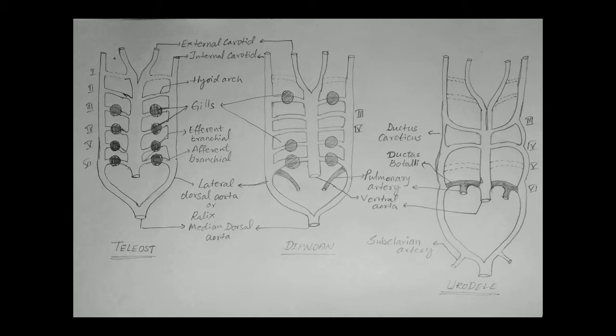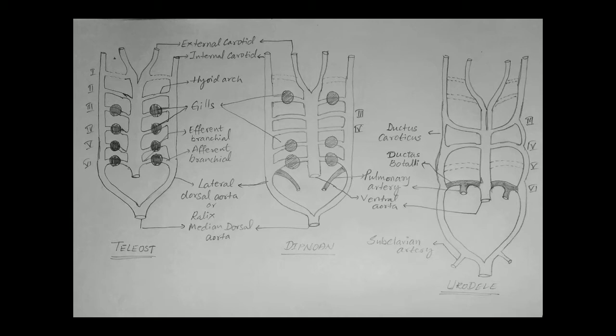In the primitive ones, like Branchiostoma and Petromyzon, they usually have more than 6 pairs of aortic arches, nearly 7 pairs. In Amphioxus, around 60 pairs of aortic arches are present. In cyclostomes, the number is 6 to 15 pairs.